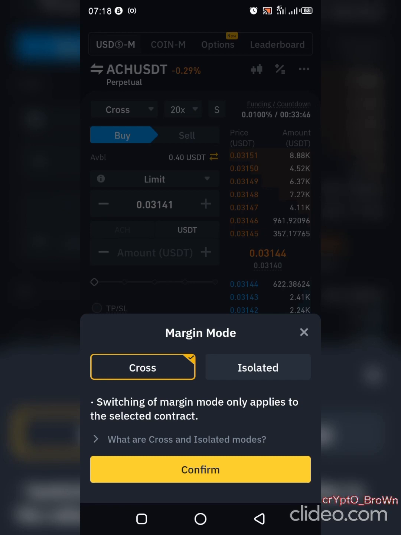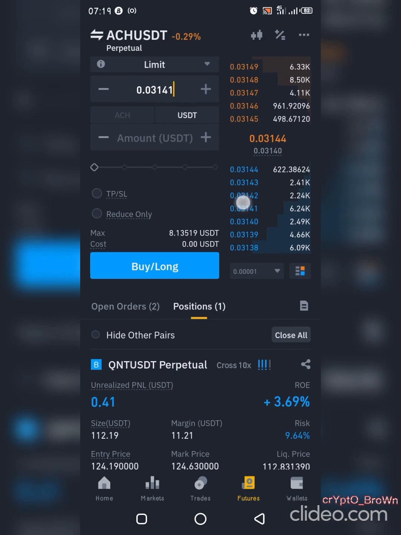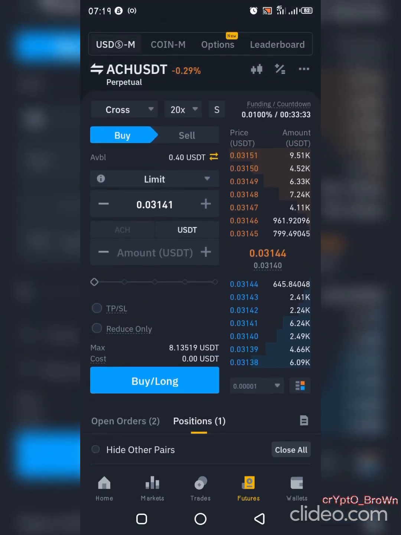So if you have 3 positions open and 2 of them are positive, maybe you have about 30 USD gain in them and the other one is in negative, it will balance the situation. It will just deduct it from the ones that are gaining, so your balance will be deducted. It will be shared across all your assets.